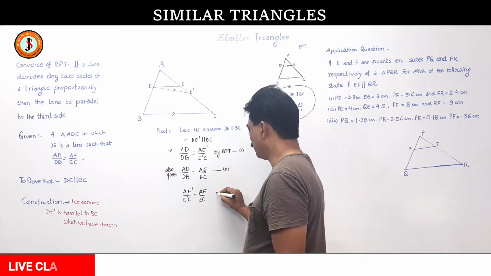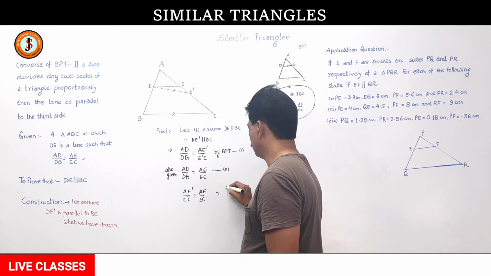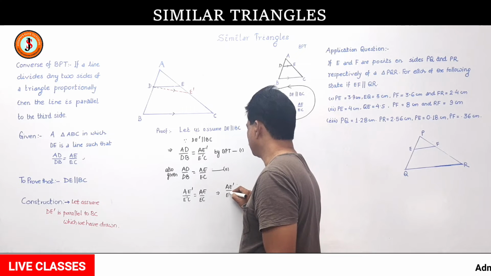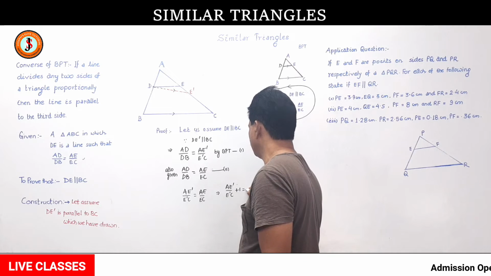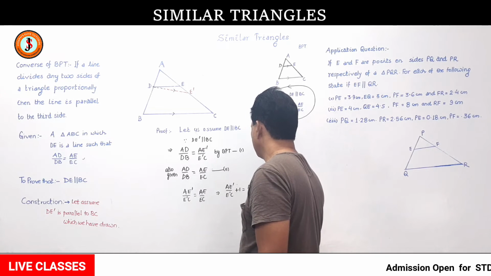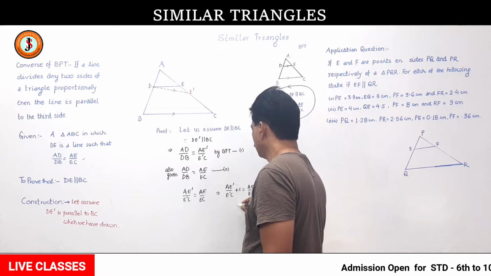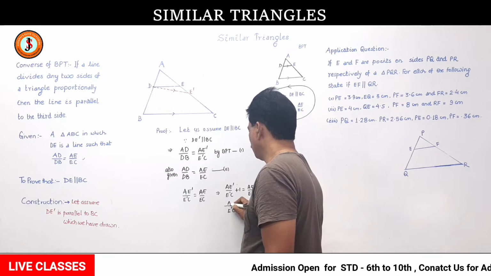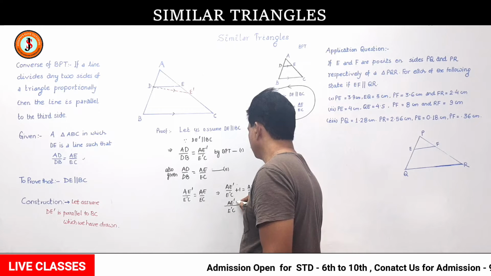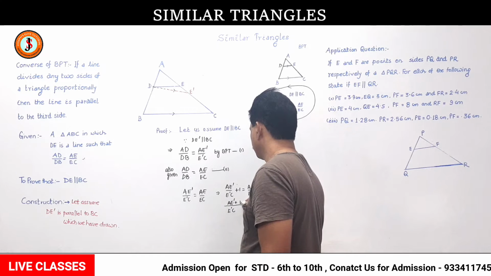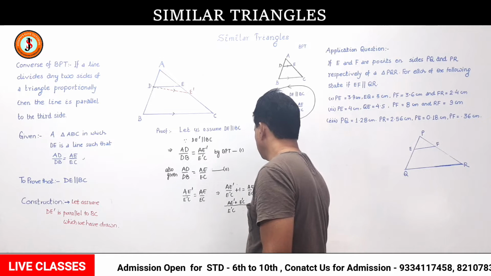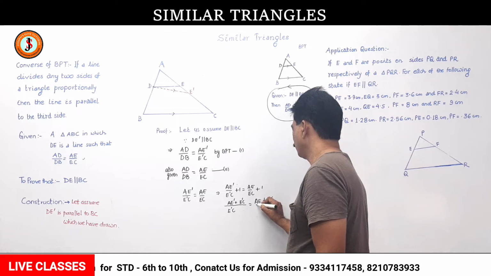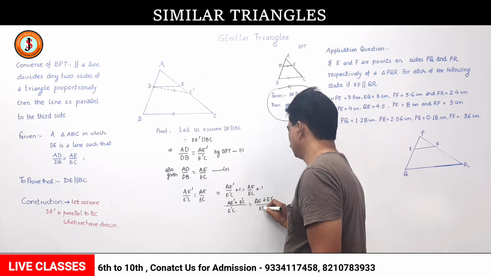If I add 1, then AE dash by E dash C plus 1 is equal to AE by EC plus 1. Now, by simple mathematics, taking LCM, we get AE dash plus E dash C by E dash C is equal to AE plus EC by EC.